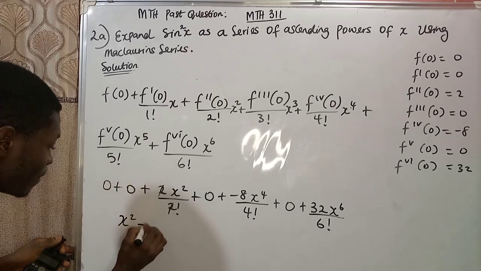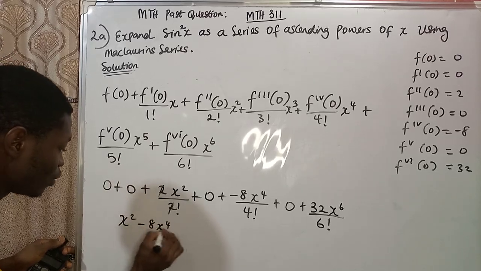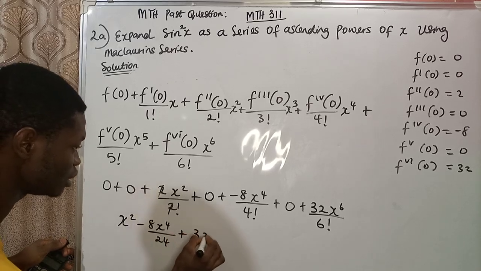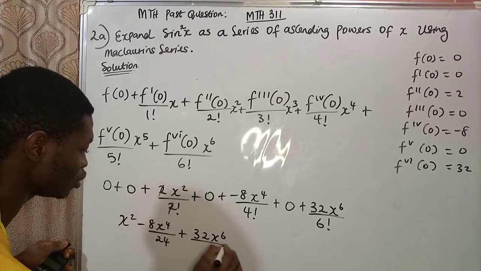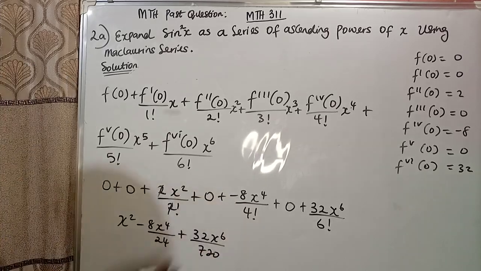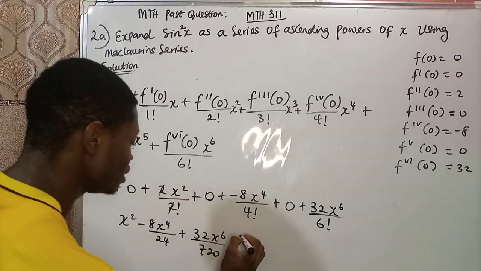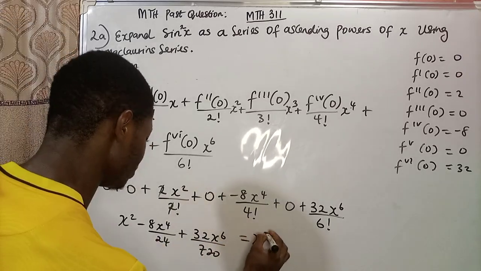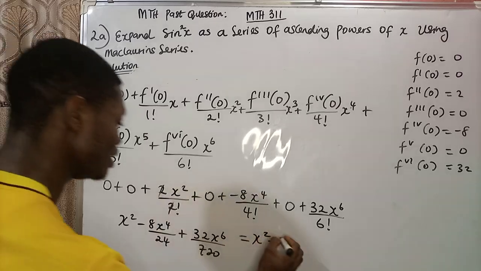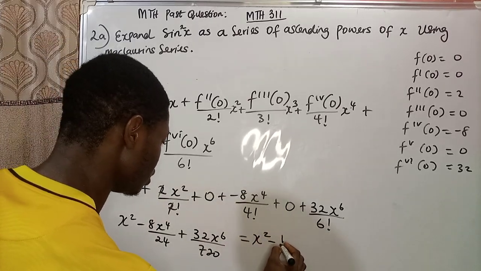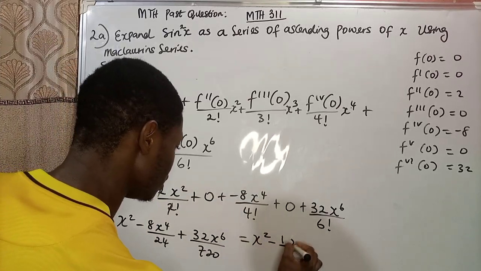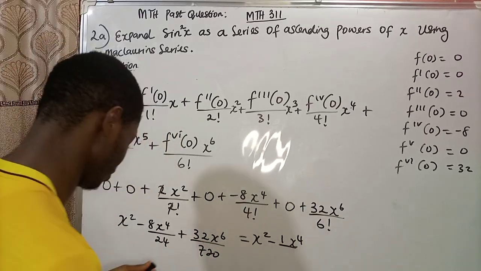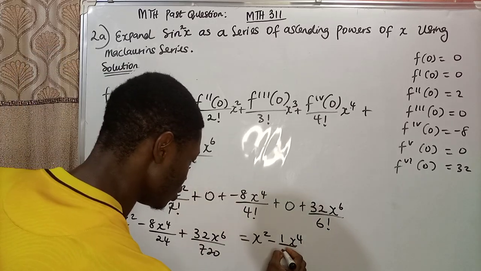So we have minus 8x to the power of 4 all over 24, plus 32x to the power of 6 all over 720. 6 factorial is 720. This is equal to x squared minus 8 divided by itself is 1, all over, remember x to the power of 4, 8 divided by 24 is 3. So you have 3.